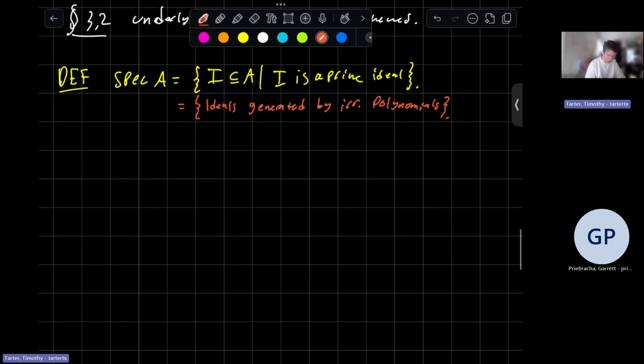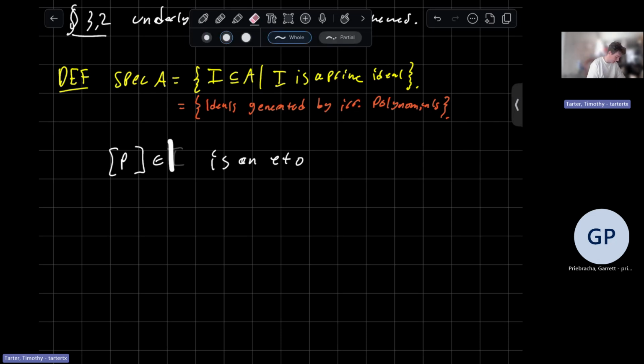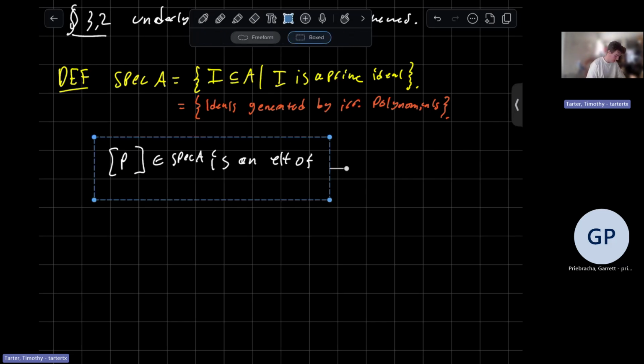The prime ideal P of A, when considered as an element of spec A, will be denoted by class P. Sorry, okay, hold on.